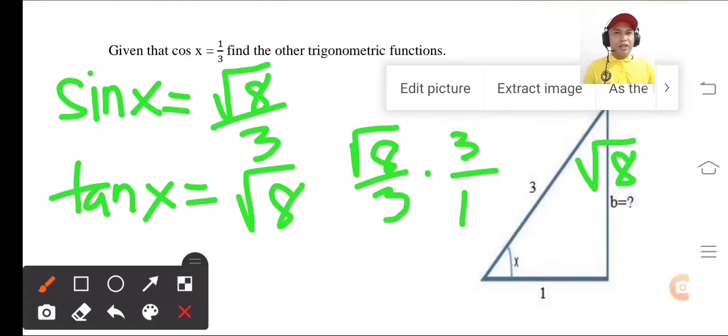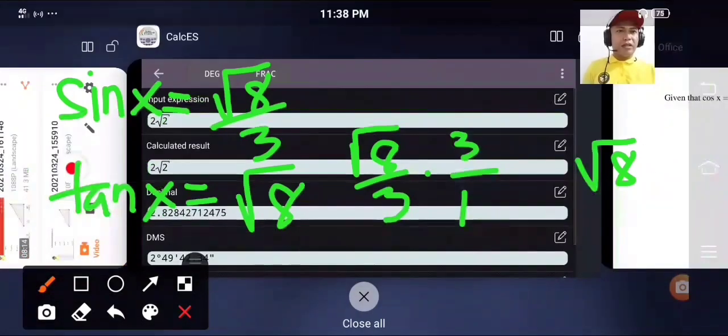In solving for x, we can also make use of sine or tangent. Let us try to use the scientific calculator.